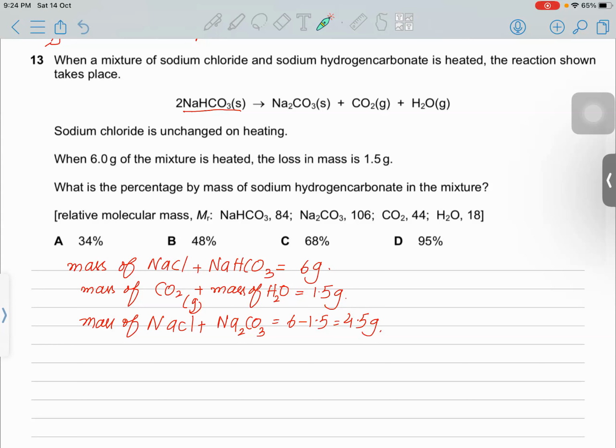Sir, what is the percentage by mass of sodium hydrogen carbonate in the mixture? In the mixture, total mass is 6.